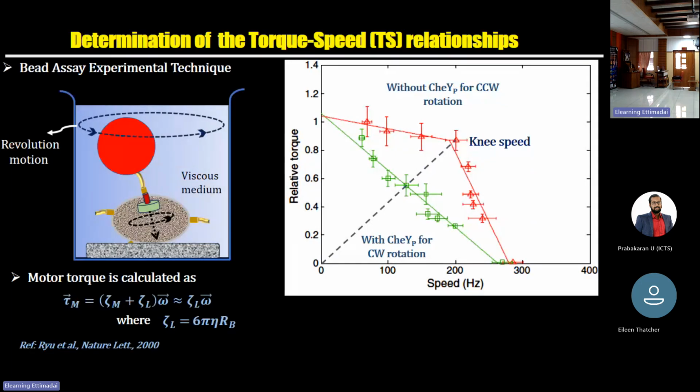This is called the knee speed. However, in the presence of CheY, this signaling protein, the relative torque versus speed decreases linearly. So there is some asymmetry.